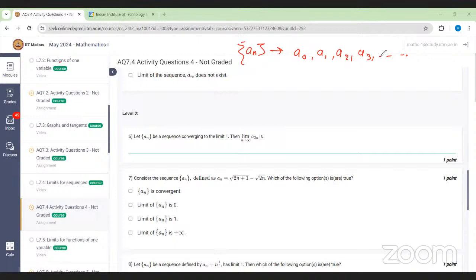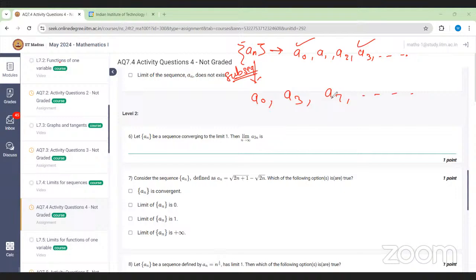Informally, a subsequence is what you get when you pick out some terms from your sequence in increasing order. That means you are extracting one sub part of this sequence, which is known as a subsequence. Suppose I take the first term A0, the second term to be A3, the third term to be A7, and so on.